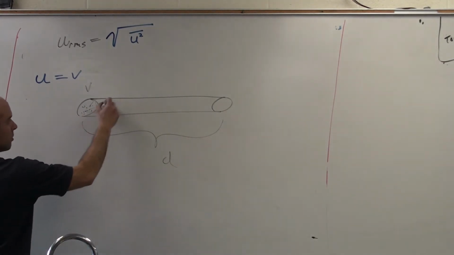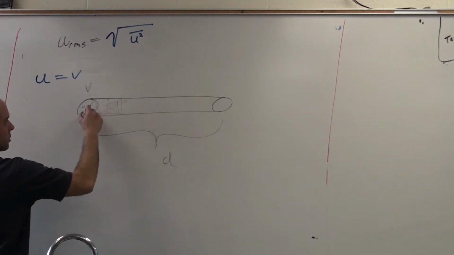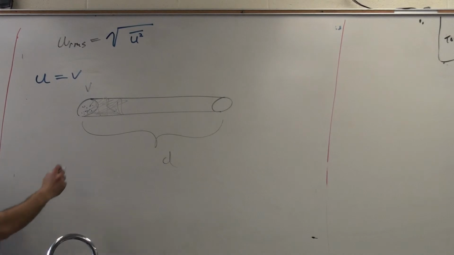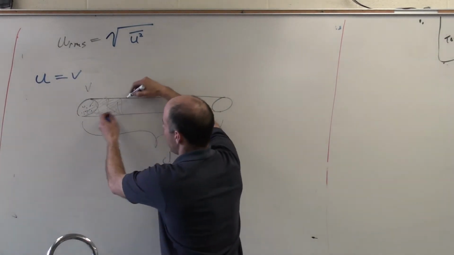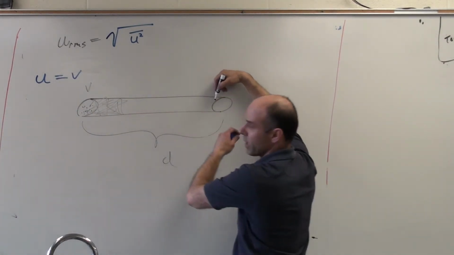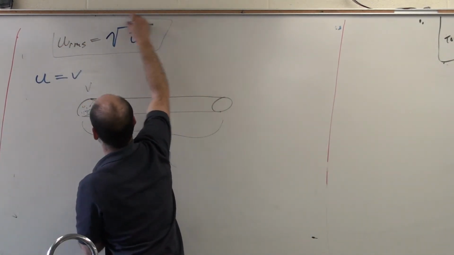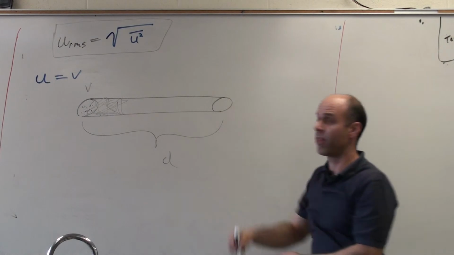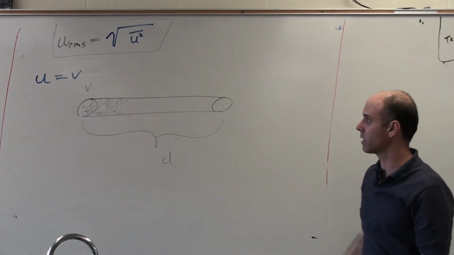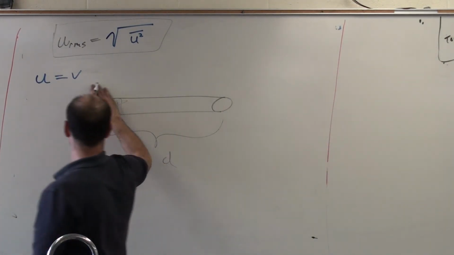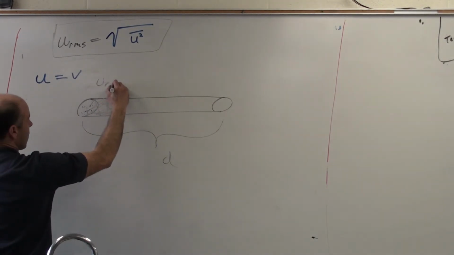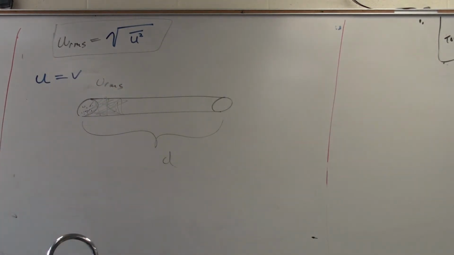They go boom, boom, boom, boom, boom. So it's going to take a while for all these gas particles colliding to work their way all the way down the tube. And it is more predictive to use the root mean squared to predict how long it would take. I wouldn't use v, I would use the root mean squared.